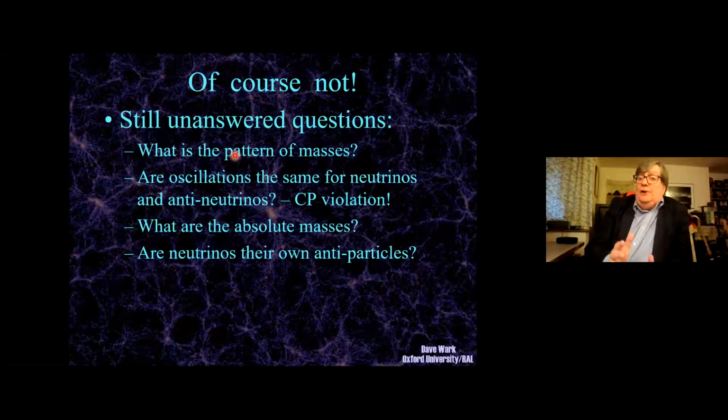By the weirdness of oscillations, which are an interference phenomenon, we can only measure the difference in their masses. We don't know their absolute masses. And we don't even know one of the most basic questions you can ask: are neutrinos equal to their own antiparticles? That might seem like an odd thing to ask, but there's nothing that prevents it from being true.